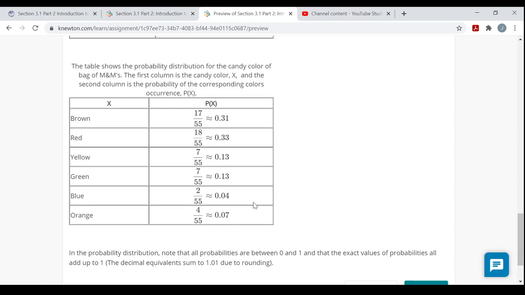Just as with relative frequency distributions, remember percentages, fractions: the sum of all the probabilities, all these percentages, fractions, and decimals, should be equal to 100%, or 1.